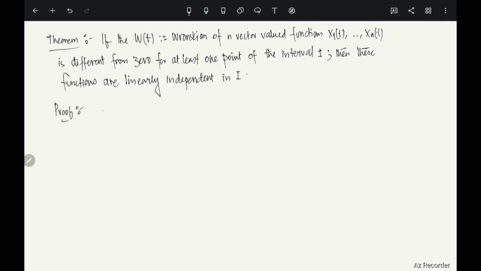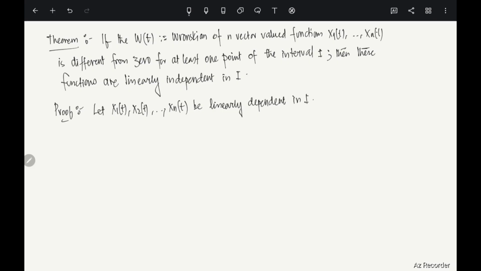So you see, first of all, since we have to prove they are linearly independent, let's assume they are not. If they are not linearly independent, they can be linearly dependent, right? So let x1 of t, x2 of t, up to xn of t be linearly dependent in I. Clear?